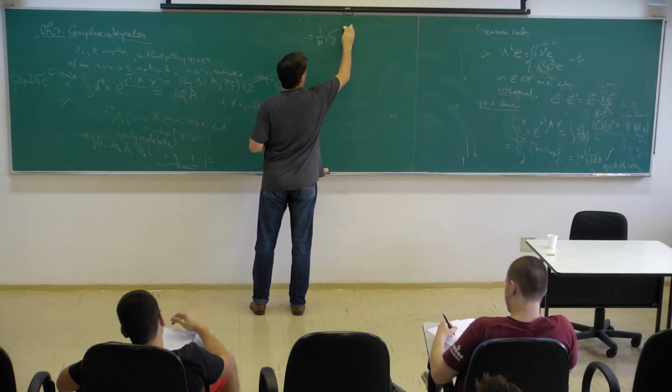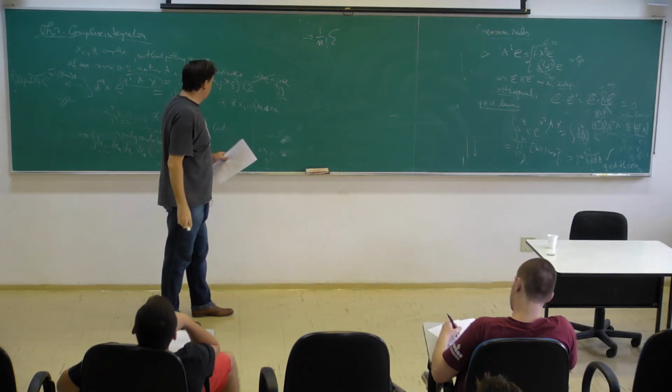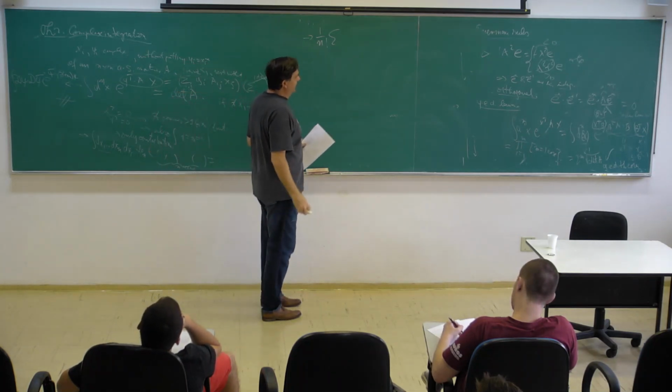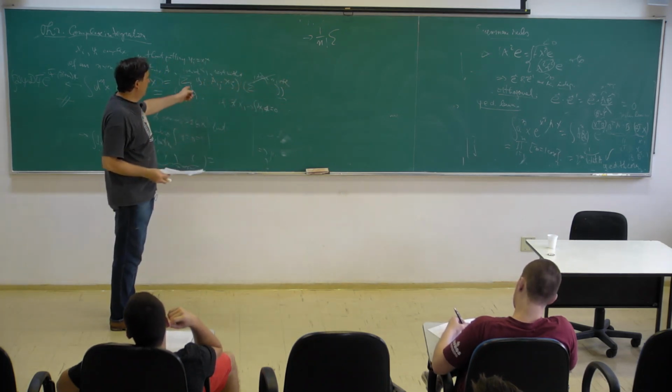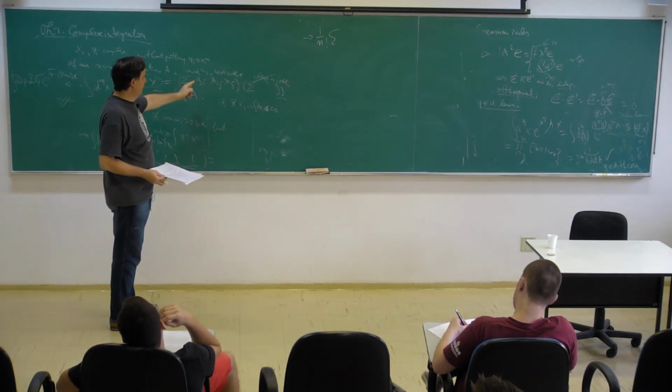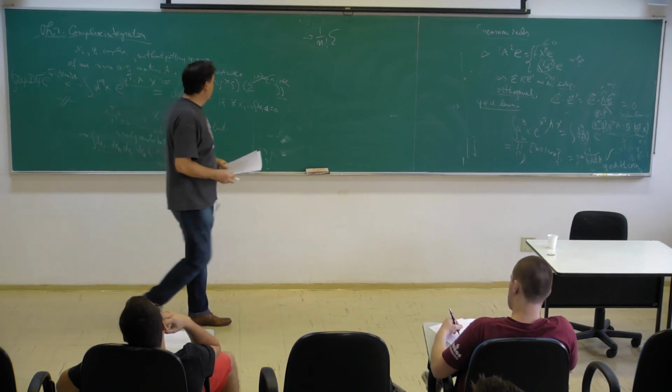So 1 over n factorial, that's because of the exponential. And then in this nth order term, I have all the possible products that have only one of each x and only one of each y, right?